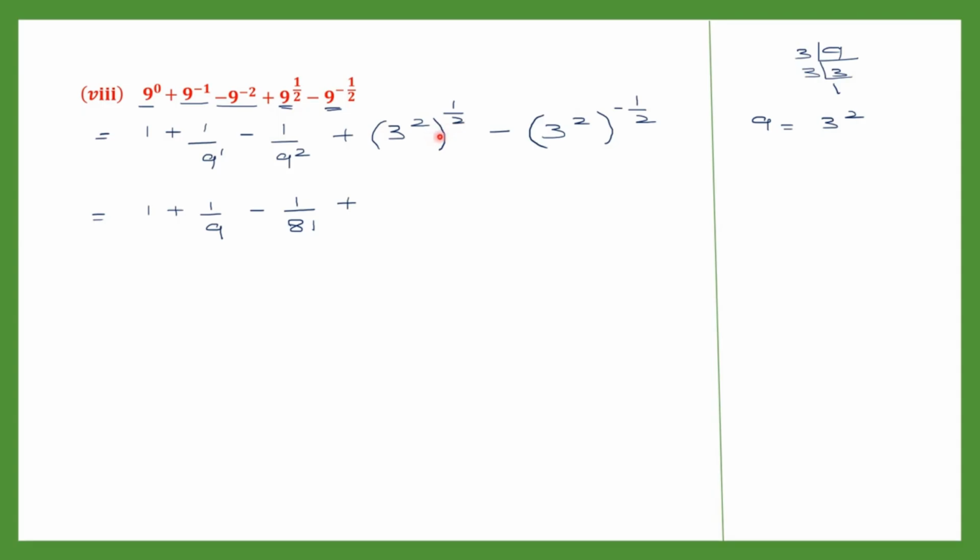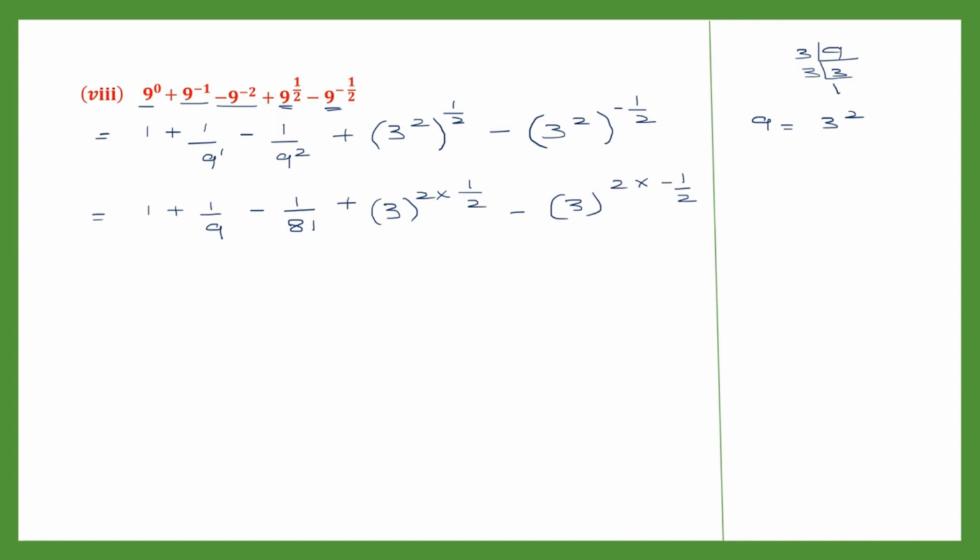We can multiply the powers. So this will be 3 to the power of 2 into 1 by 2. Similarly here 3 is now raised to the power of 2 into minus 1 by 2.